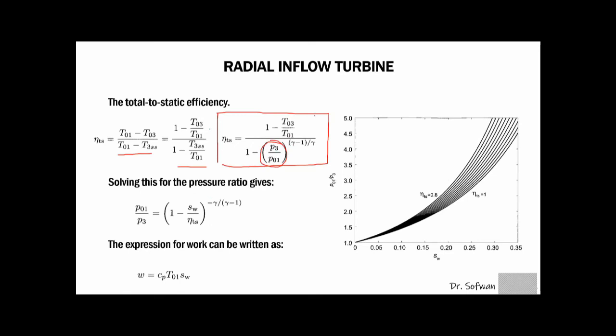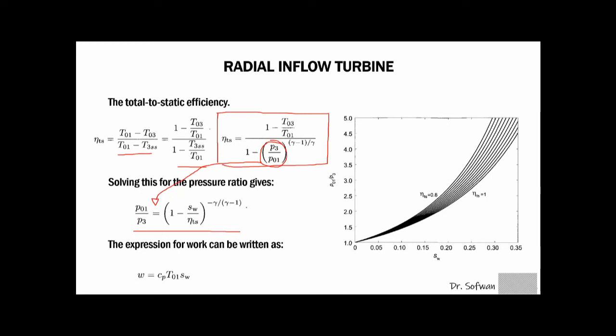This is the pressure ratio. From this expression, we can solve for the pressure ratio. The pressure ratio can also be calculated using the specific work intensity value: P01 over P03 equals 1 minus SW over eta TS, the total to static efficiency, powered by gamma over gamma minus 1.